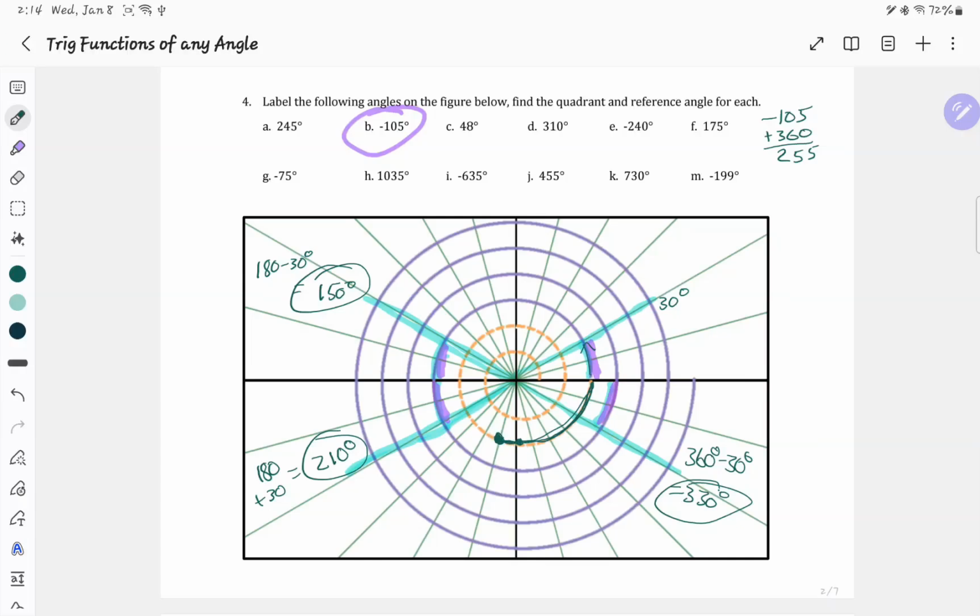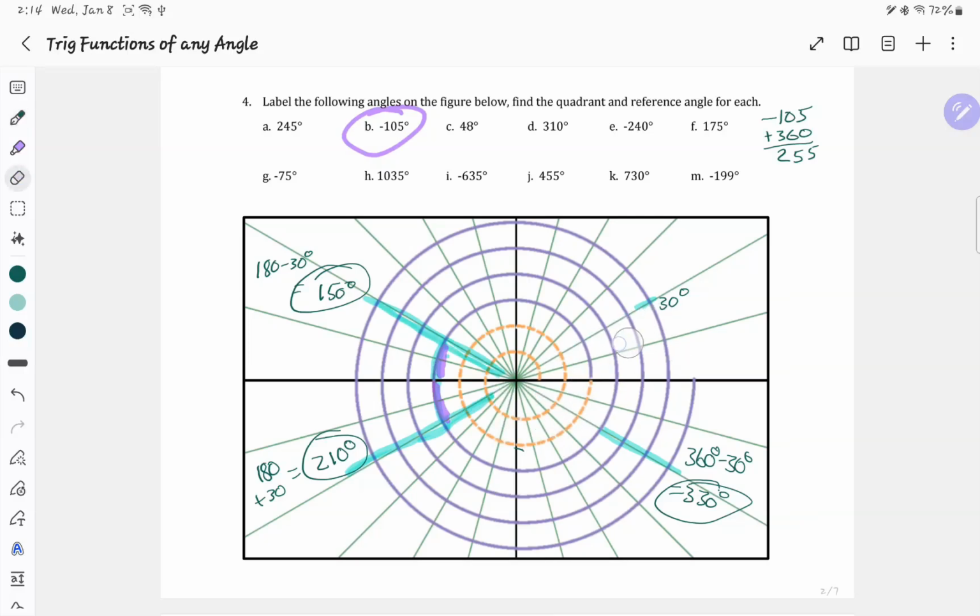That would be the location for the terminal side, going clockwise, that gives us negative 105 degrees. That is usually how I'll approach those negative angles: figure out how far I have to move, but go in the opposite direction that I would normally go.